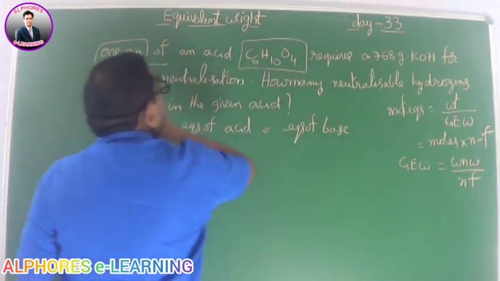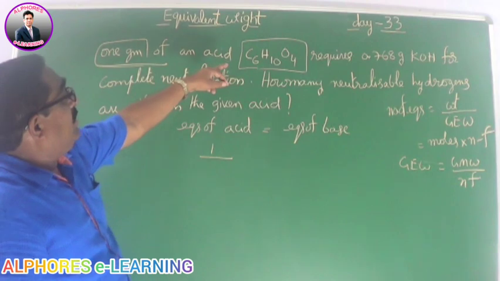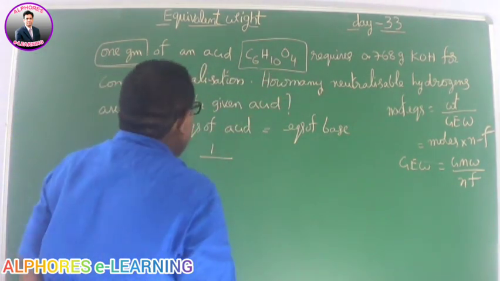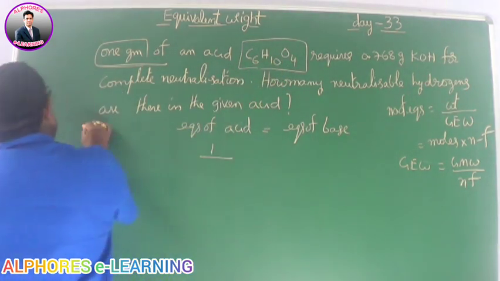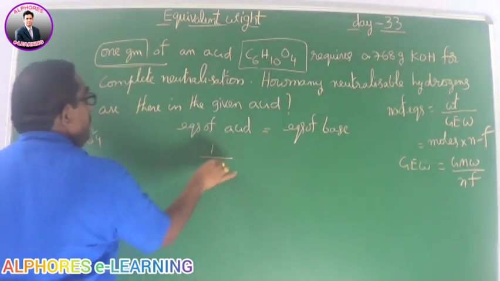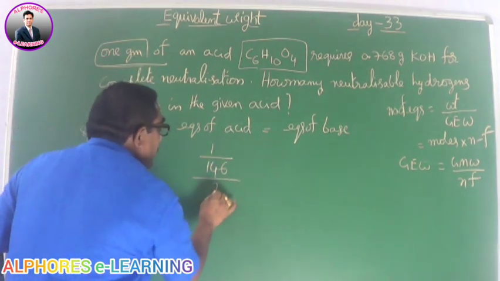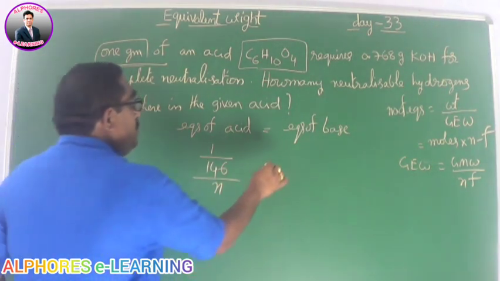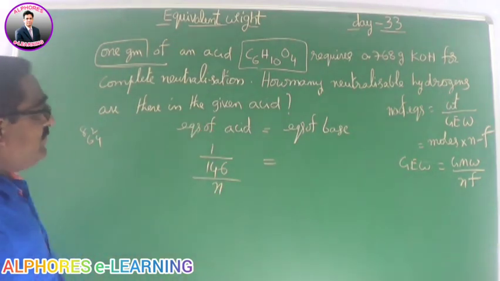By observing the formula, we can calculate: C6 is 72, plus 10 is 82, plus 64, total 146. Divided by n factor, I will just write it as n, should be equal to equivalence of base.